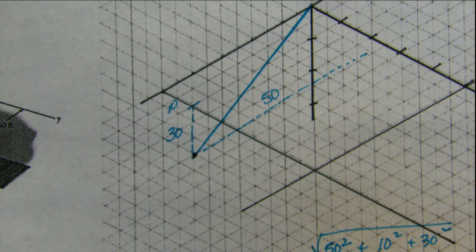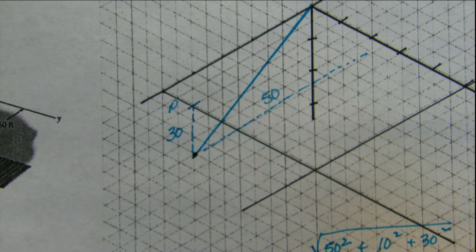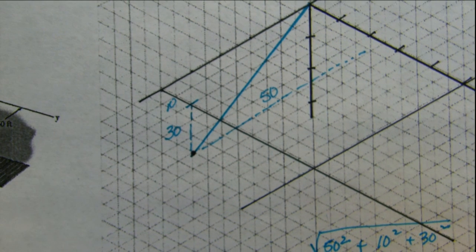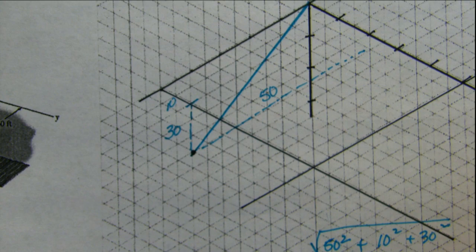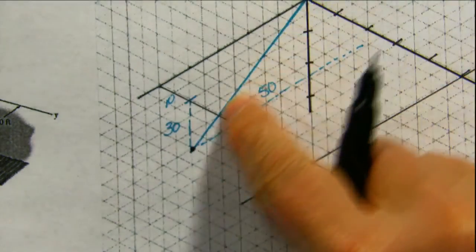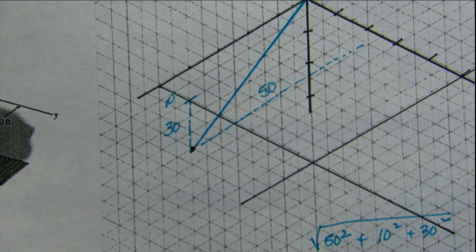It's going to be the square root of 3,500, which is like 59.2. And that was given to us in feet, so that length is going to be 59.2 feet.